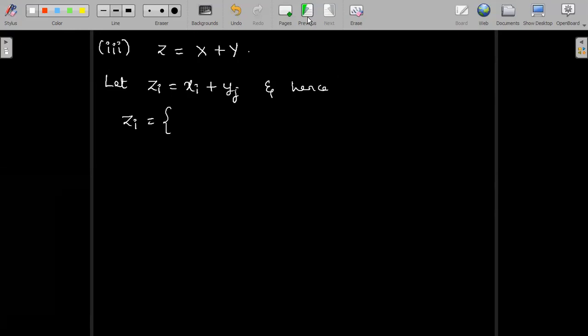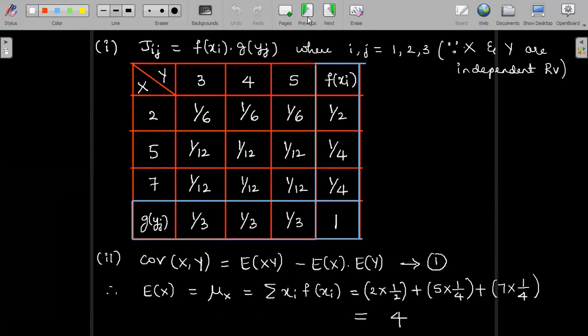So every xi value should be added with yj. So 2 plus 3, 5, 2 plus 4, 6, 2 plus 5, 7, 5 plus 3, 8, 5 plus 4, 9, 5 plus 5 is 10, and again 7 plus 3 is also 10, 7 plus 4, 11, 7 plus 5, 12.